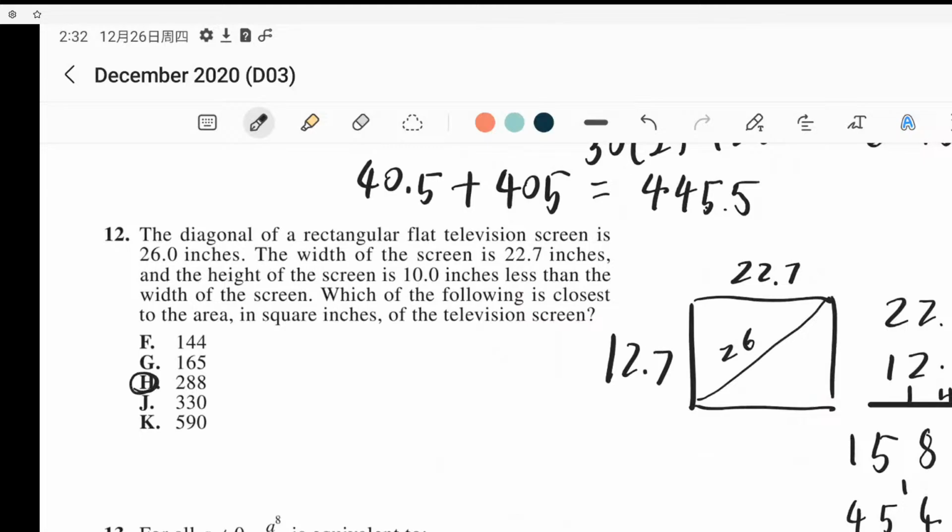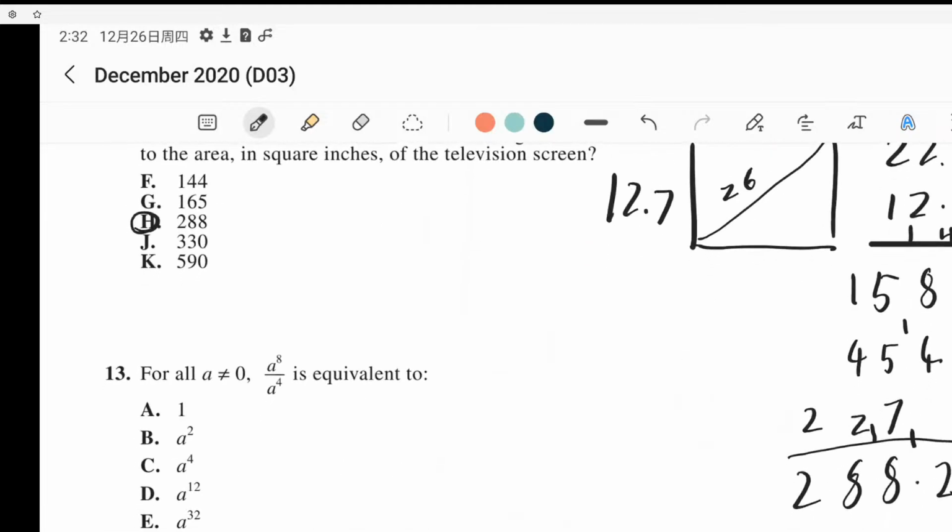Yes, it is H. It's good for people watching so they can work out the problems with you. Okay, it is indeed H.